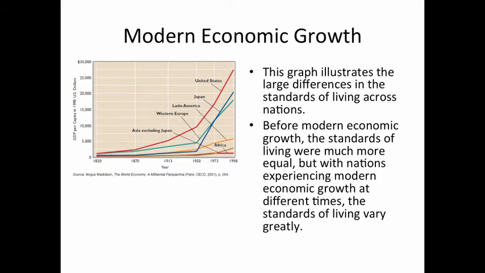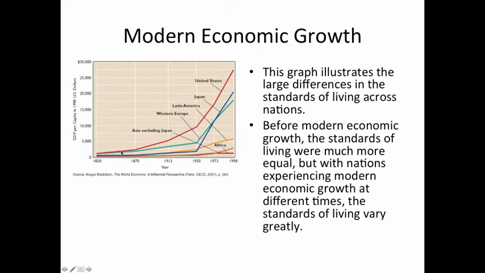So we can see a similar story. We look at this graphically, looking at real GDP per capita, everything here in US dollars, everything put into 1990 US dollars, and it shows how GDP per capita has changed from the early part of the 19th century to late 20th century. And we can see really before modern economic growth, even though this is post-industrial revolution, it's still the early years after the Industrial Revolution. And you can see, again, early 1800s, standards of living were very similar across the world.